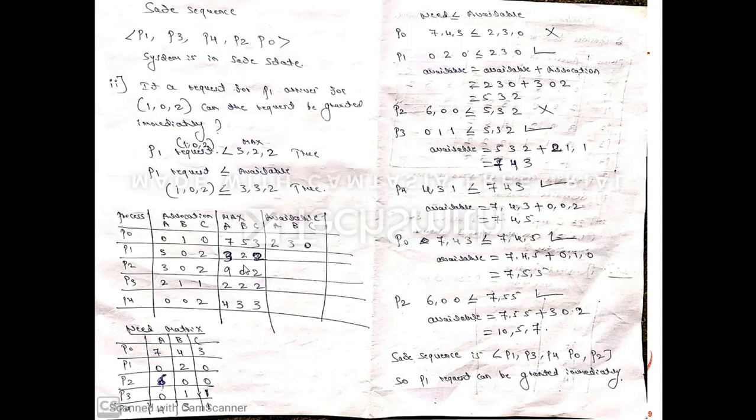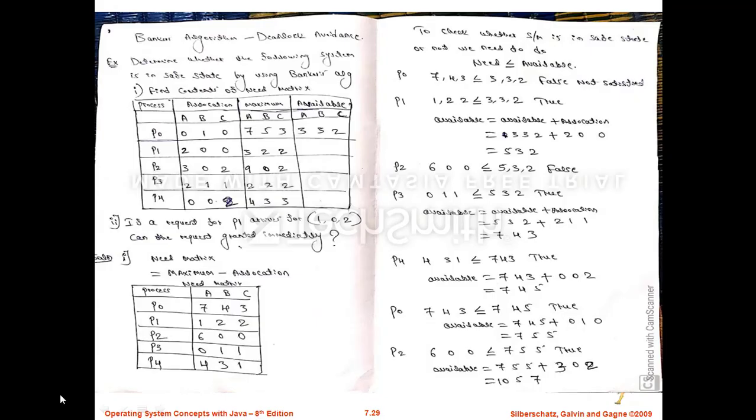Then the remaining processes' need is going to remain the same, that is need of P0 is the same as the previous one, 743, that is 753 minus 010. Next, for P1, 322 minus 302, then it comes as 020. The remaining processes' need, that is P3 and P4, remain the same. I think P4 is not visible, just refer to the previous need matrix, both are the same.